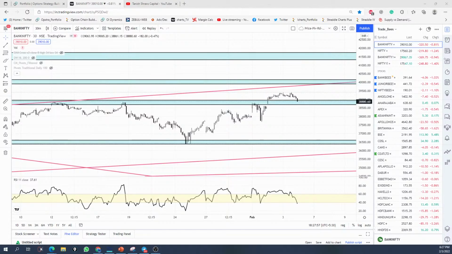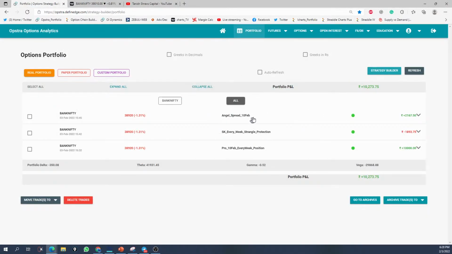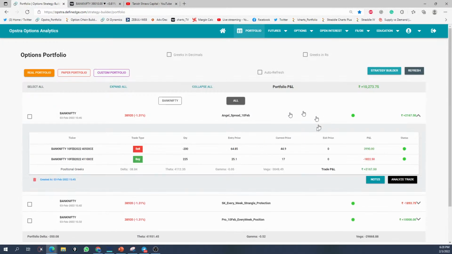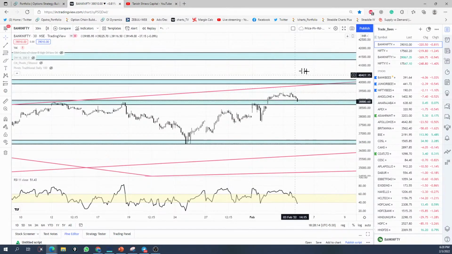My trades are spreads. For small quantities, I've sold the 40,500 call and the 41,100 call around 255. I initiated my trades assuming that, looking at this candle, the market is trying to sustain or close near the day's low. That is the reason I initiated slightly bearish positions.